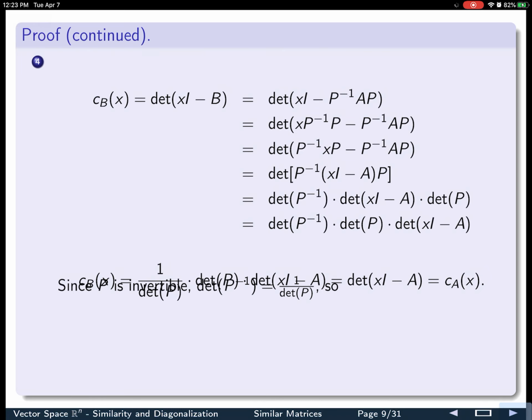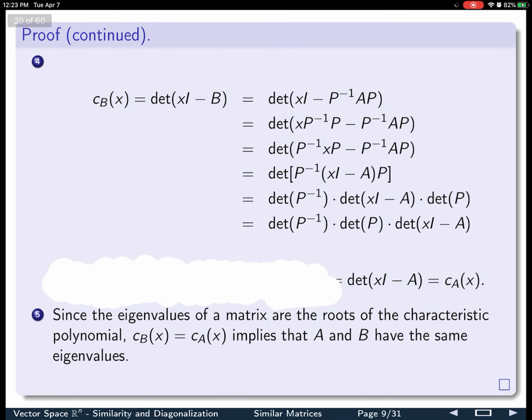Oh, geez. Here, let me skip ahead to get rid of that confusing nonsense. Okay, number 4 was the characteristic polynomials of similar matrices are the same. And again, this has to do with some algebraic manipulation.